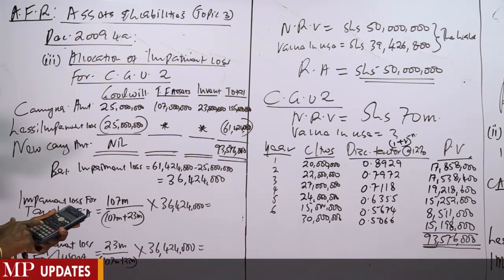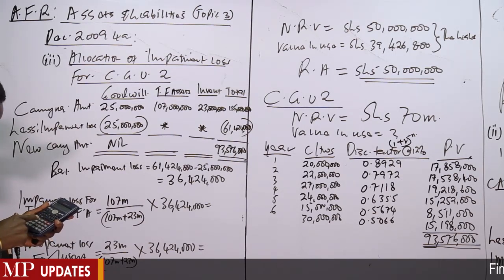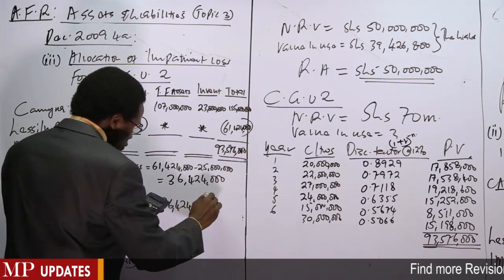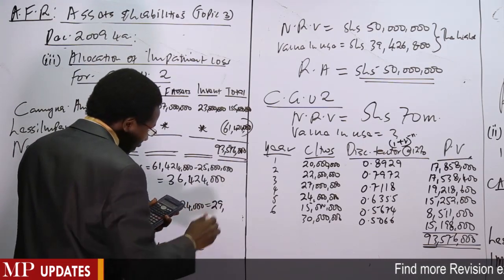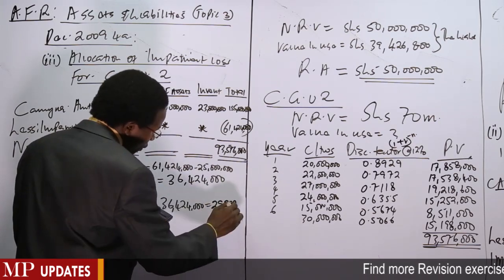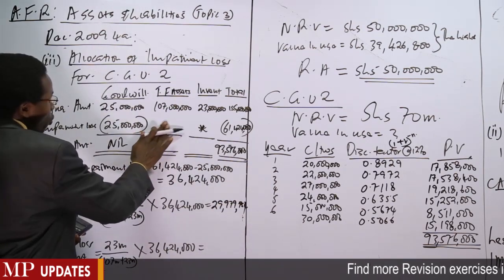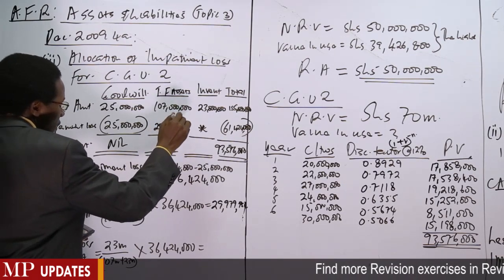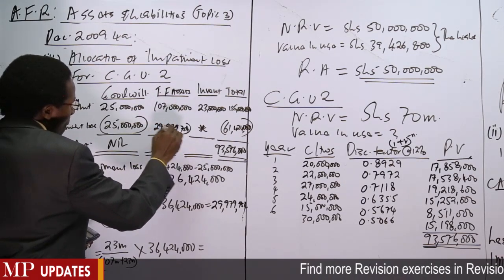So that will be 107, you divide it by 107 plus the 23 million, then you multiply by that 36,424,000. So this will be 29,979,754.